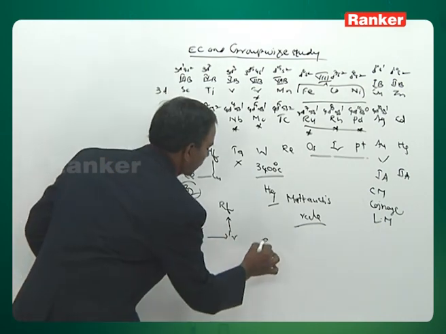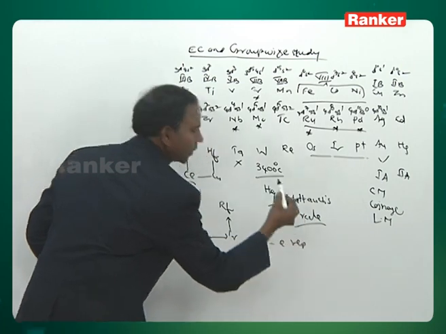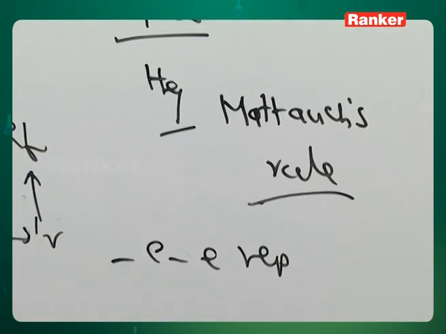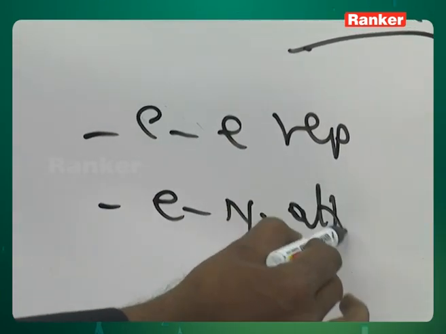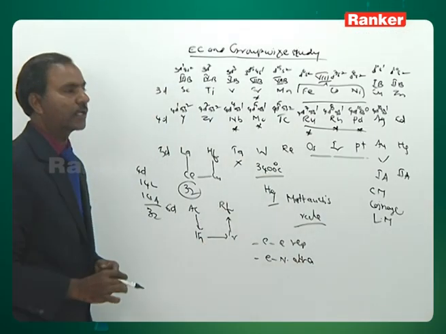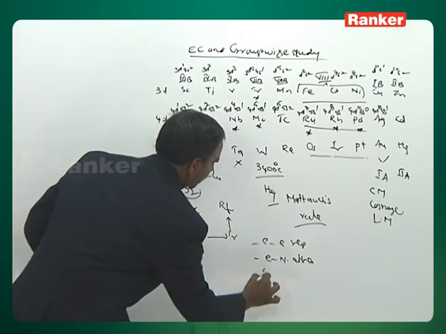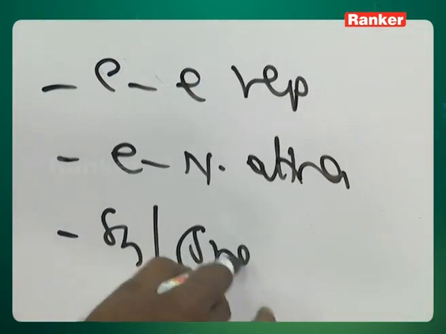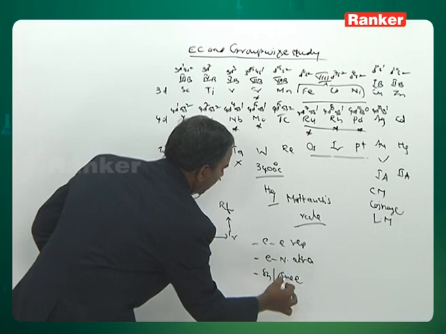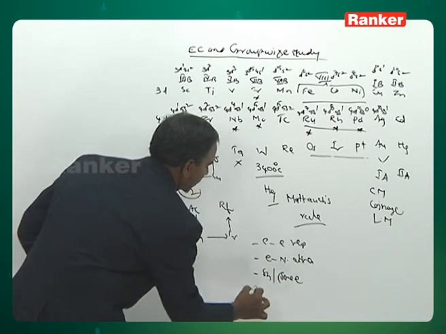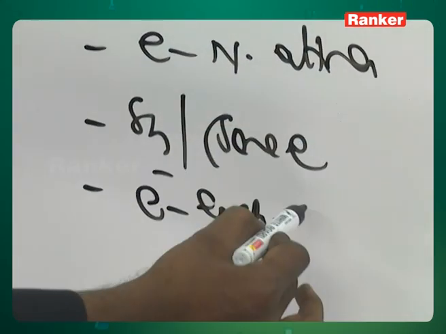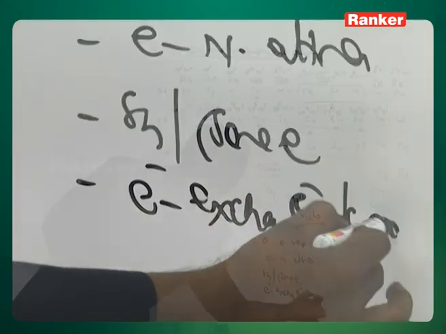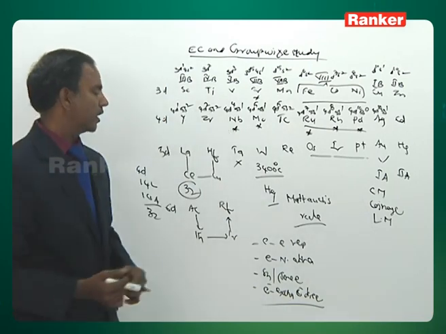It is due to what? Electron-electron repulsions, or it may be due to electron-nucleus attractions. It may be due to shielding effect or screening effect, or it may be due to electron exchange energy forces.